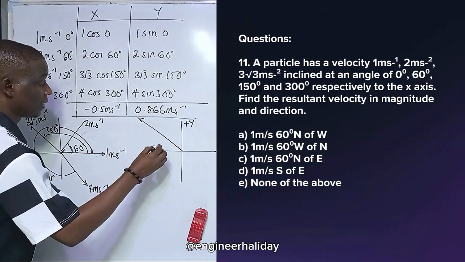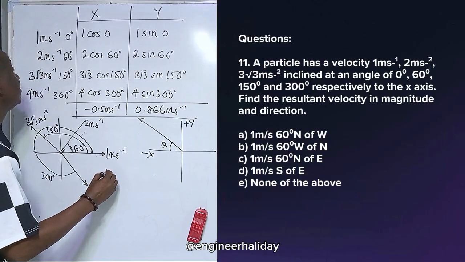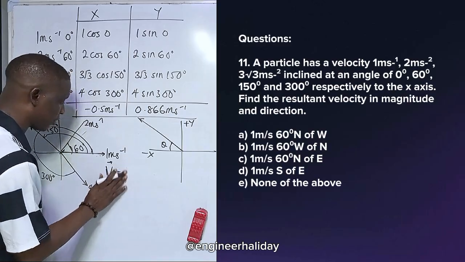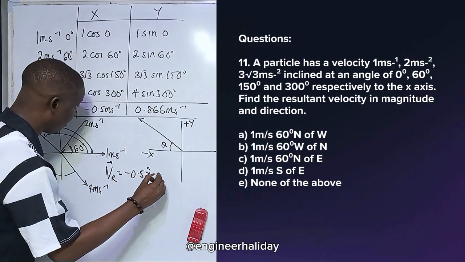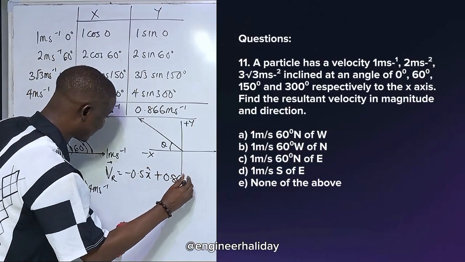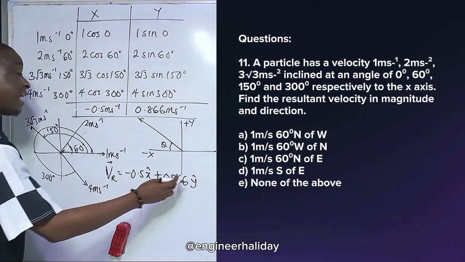Now let us find the magnitude and theta. The resultant velocity VR is minus 0.5 x bar plus 0.866 y bar. If you want to write it this way, you can still write it with i and j.